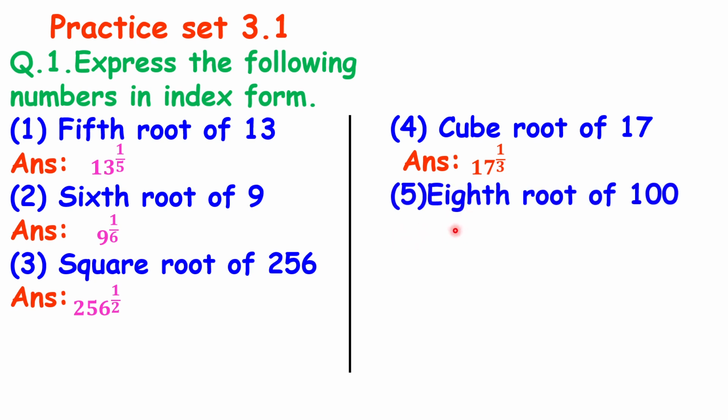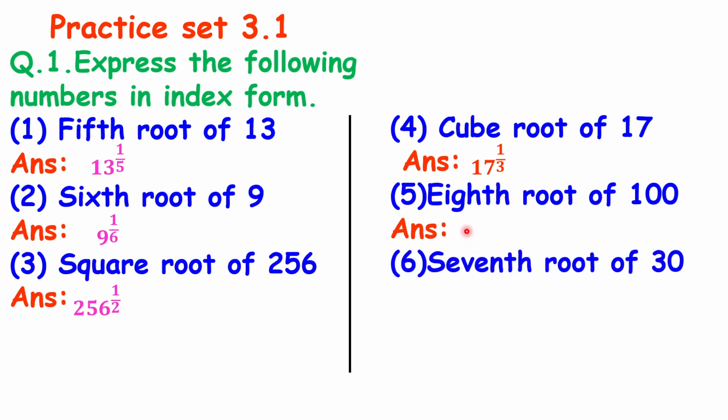Example 5. Eighth root of 100. So first write base. Base is 100 and root is 8 means denominator of index is 8. So answer is 100 raised to 1 upon 8. Example 6.